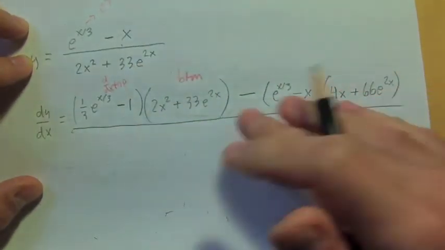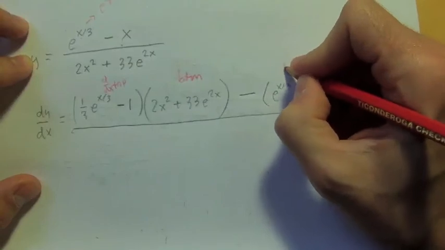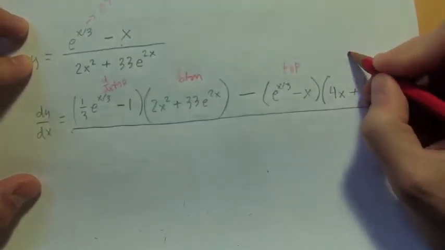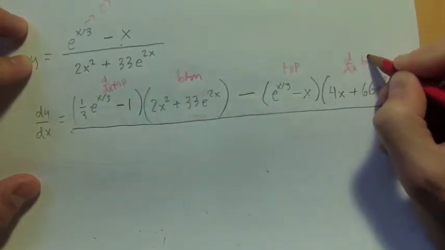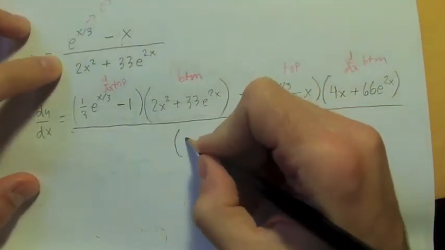All over, the top left alone times the derivative of the bottom, and then from there it's just the bottom squared.